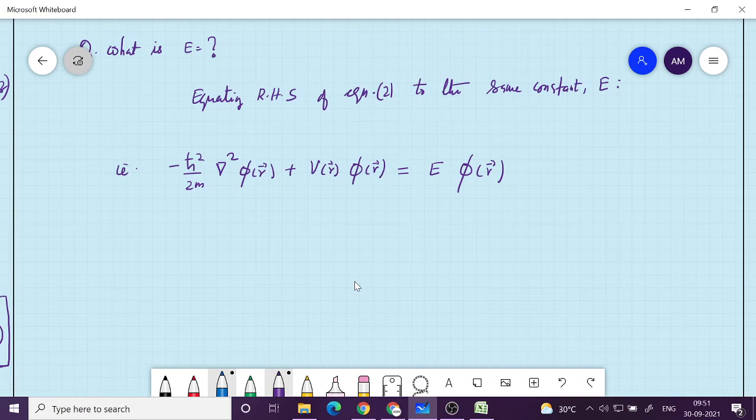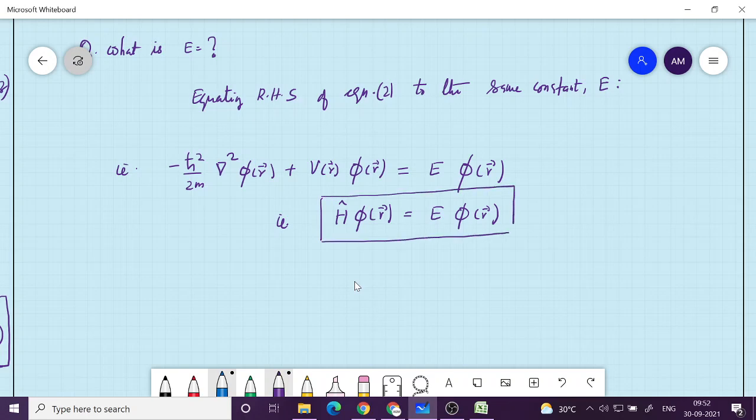Now if you look at this equation, this is basically the H operator acting on psi of r. So the left hand side is basically an operator acting on a function, giving you the same function multiplied by some energy, some constant.